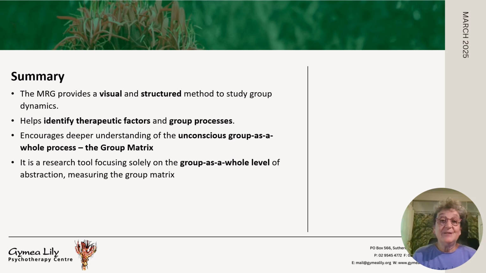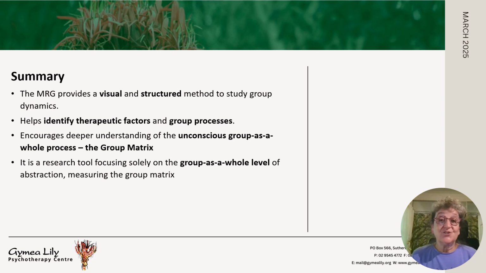So in summary, the matrix representational grid gives us a visual and structured method to study group dynamics. It helps us identify therapeutic factors and group processes. It encourages a deeper understanding of the unconscious group as a whole process, the group matrix.